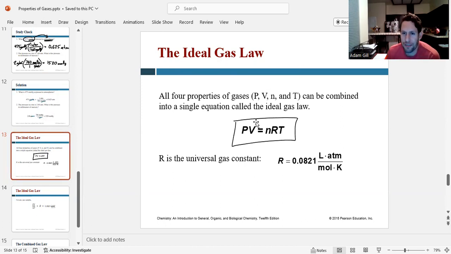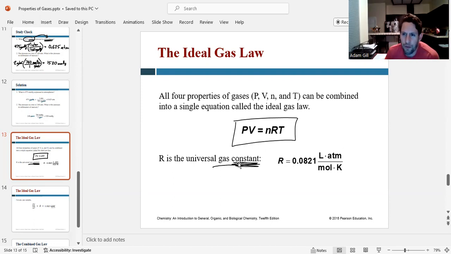And so the equation states that the pressure of a gas multiplied by its volume is equal to the number of moles of the gas times the ideal gas constant R times temperature. Now, R is defined as 0.0821 liters times atmospheres over moles times Kelvin. And it's called the universal gas constant.